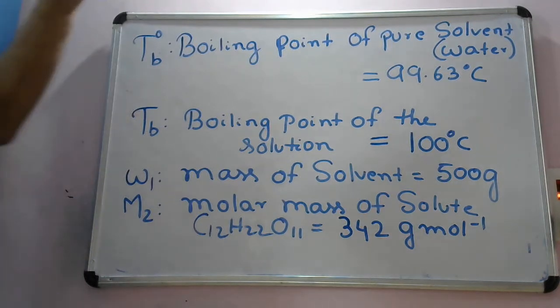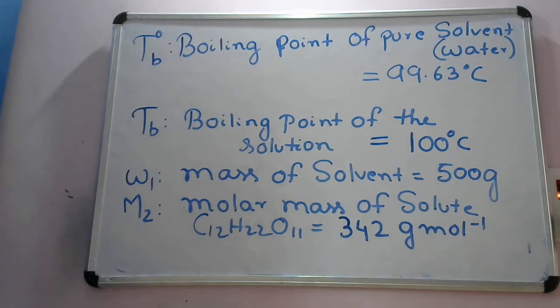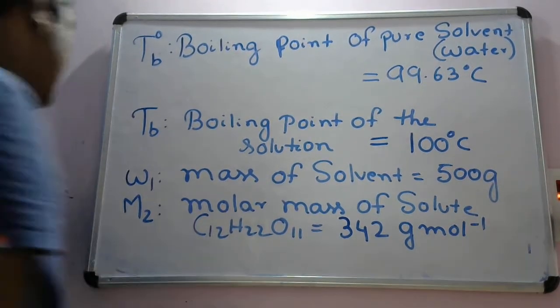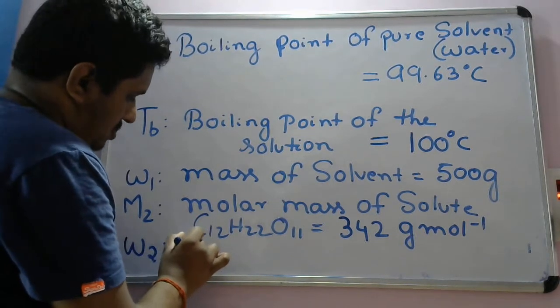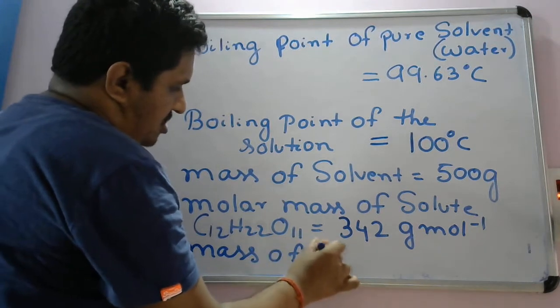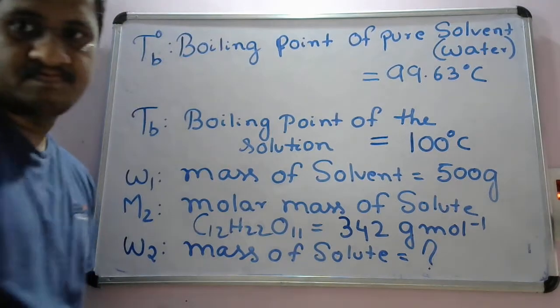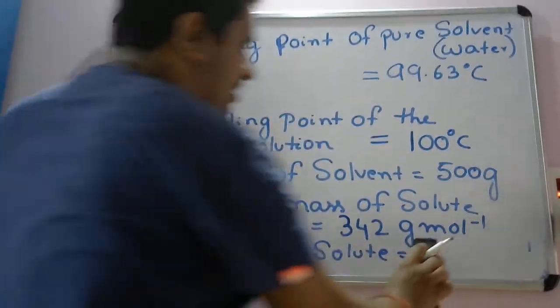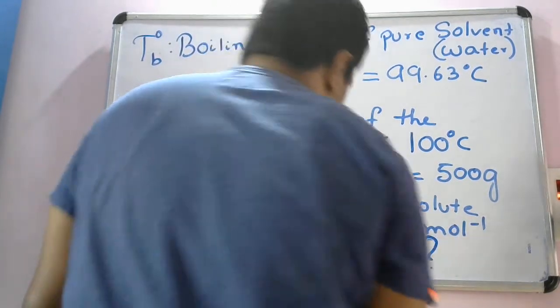So first we wrote down all the information, then we will try to solve the question. It is also better to mention what is missing. Missing is W2, the mass of solute. That is what we have to find out.